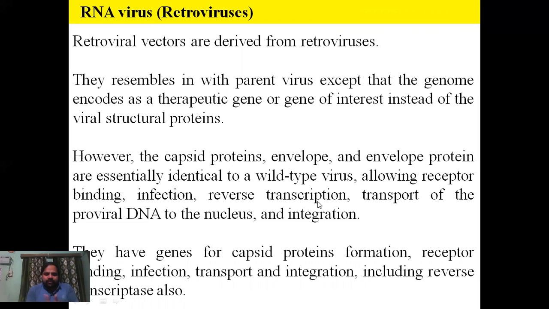Means the genome of the particular virus will have all the genes which will help this virus to bind with the receptor of the host to do the infection, to produce reverse transcriptase enzyme, and to transport the proviral DNA into the nucleus and integration, except the pathogenic gene which is creating a disease. They have genes for capsid protein formation, receptor binding. We have already discussed this.